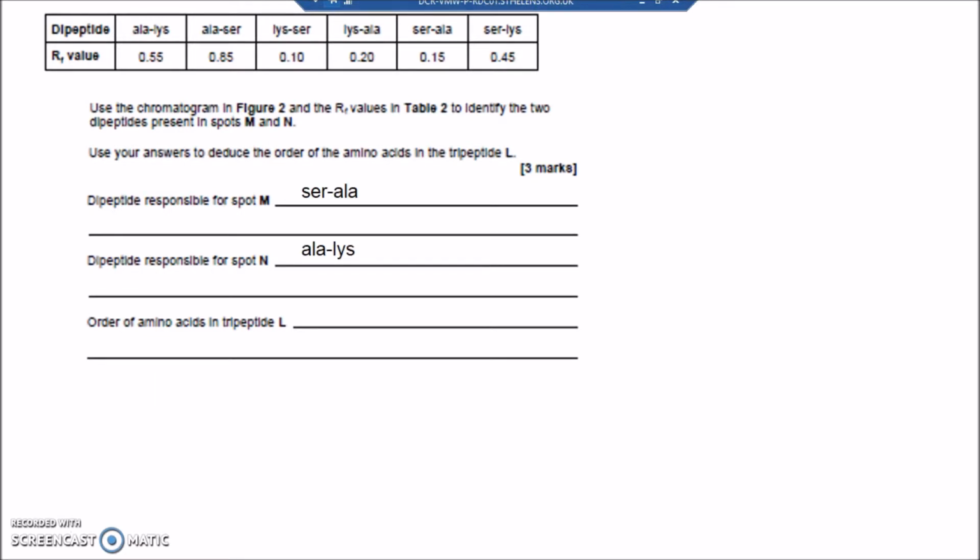Order of the amino acids in the tripeptide: well, ala's got to be in the middle, so it must be ser-ala-lys. Therefore when it's been hydrolyzed it has either broken the ser off and left the ala-lys, or broken the lys off and left the ser-ala.